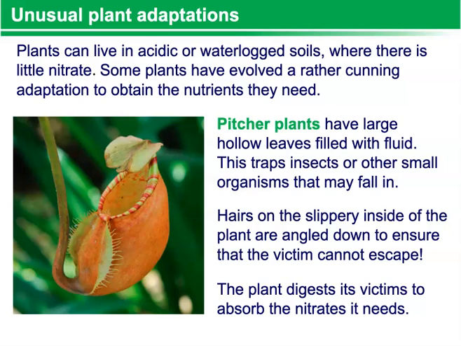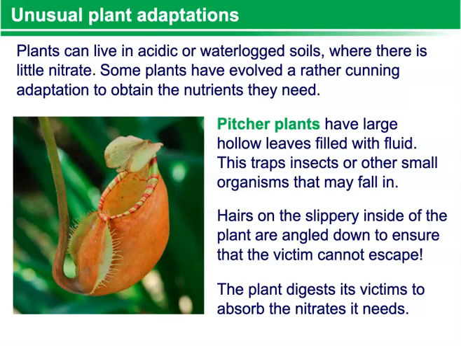There are also a number of unusual plant adaptations. Plants can live in acidic or waterlogged soils where there is very little nitrate. Some plants have evolved a rather cunning adaptation to obtain the nutrients they need. For example, pitcher plants have large hollowed leaves filled with fluid.